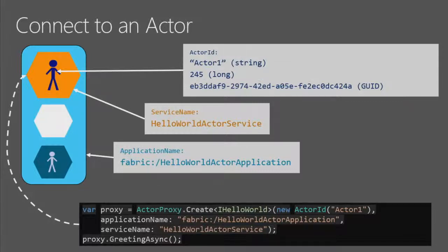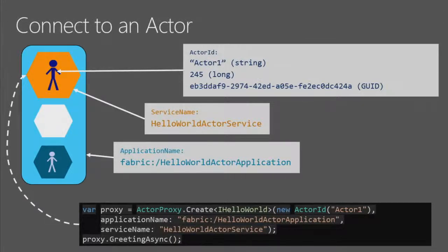So you say, well, I'm already operating in the context of an application. Doesn't the runtime know which application I'm part of? And so why do I need to specify this application name? Well, you don't. If you are outside of the application context, then you will specify the application name in order to create the proxy. If you are inside, you don't. And most of the time you will have one type of actor, or one actor that is implementing the IHelloWorld.